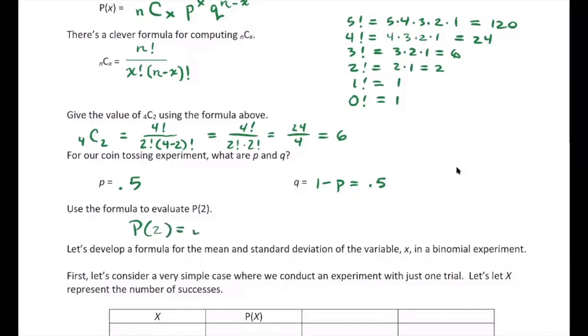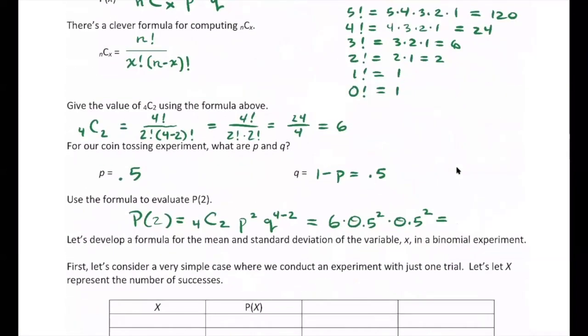This is 4 choose 2, P to the second, and Q to the 4 minus 2. So 4 choose 2 was 6. P was 6 times 0.5 to the second. Q is 0.5, that's also to the second, or 4 minus 2 if you like. And I think that came out to be 0.375. So we don't have to do that again. We already did that.